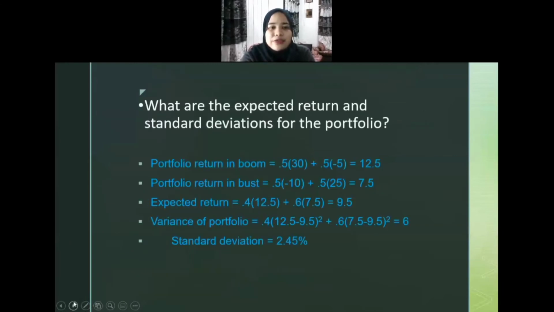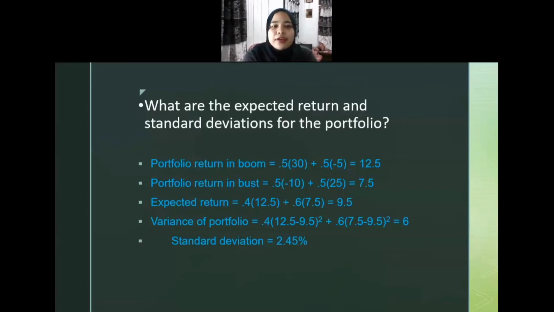Okay, the next question is what are the expected return and standard deviation for the portfolio? So this one we are going to calculate. First of all, we need to find the portfolio return in each state, in boom and then in bust.